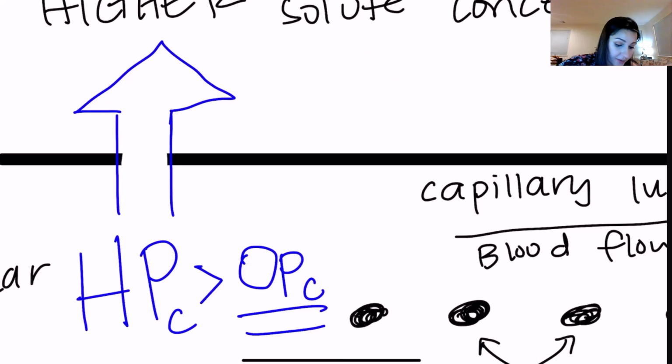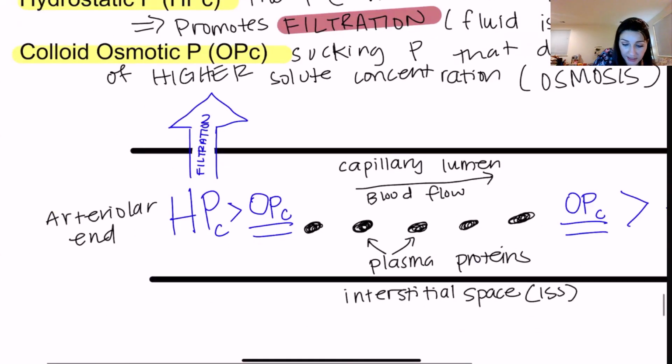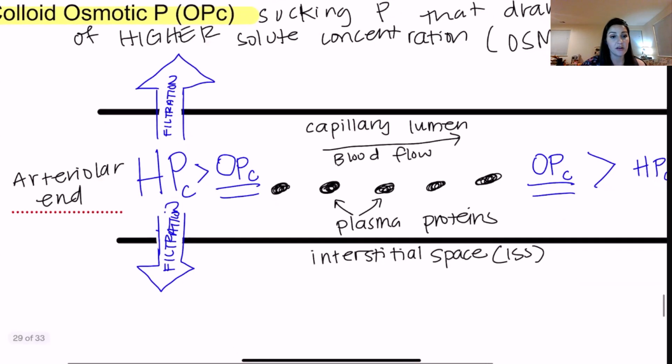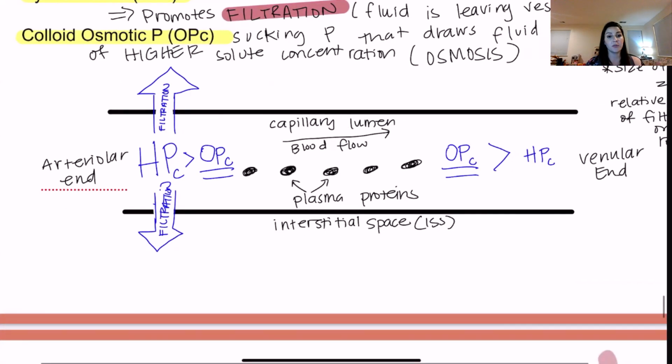That arrow pushing stuff out is called filtration. So stuff starts to leave the vessel. Similarly, same business on the bottom. So still filtration. Blood is going to leave that vessel at the arteriolar end. Stuff gets pushed out.